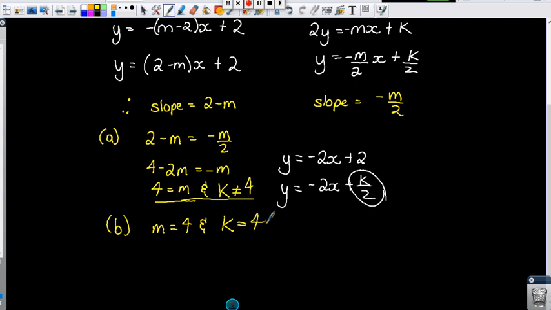And last but not least, when will there be a unique solution? When it's not parallel, so basically when m is not equal to 4. Any restrictions on k? Now, so k could be anything. How do we write k could be anything in mathematics?